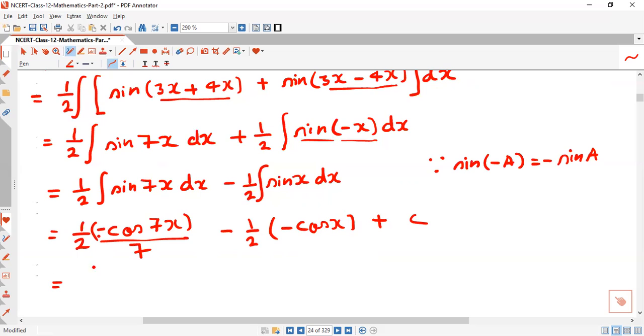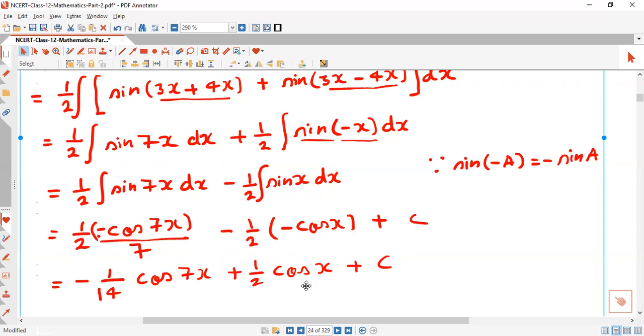Now simplify: minus 1 upon 14 cos 7x, minus minus becomes plus, half cos x plus some constant c. This is the answer of this question.